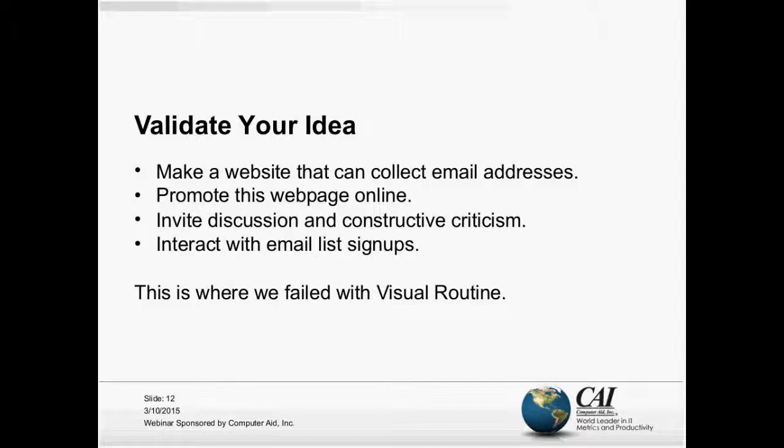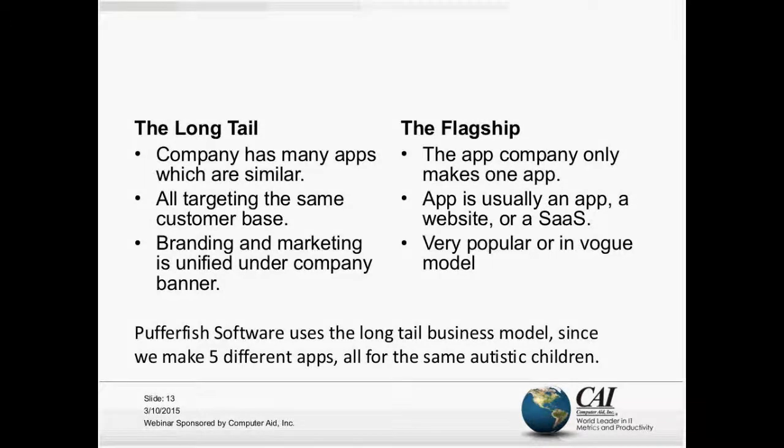It is time to pick a business model for your app. And many variations on these two types. There are essentially two types. The long tail model, which is a company has many apps that are very similar but have essentially the same purpose, and they all target the same customer base.